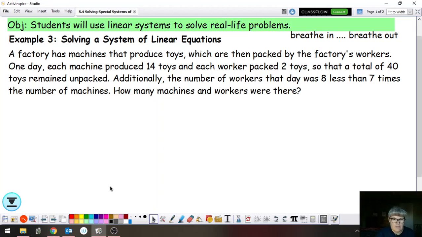So let's identify some variables first and begin solving this. Let x equal the number of machines and let y equal the number of workers.